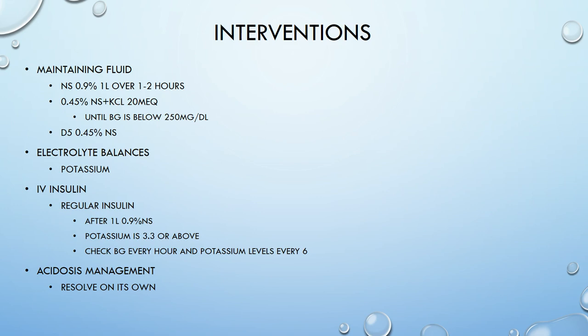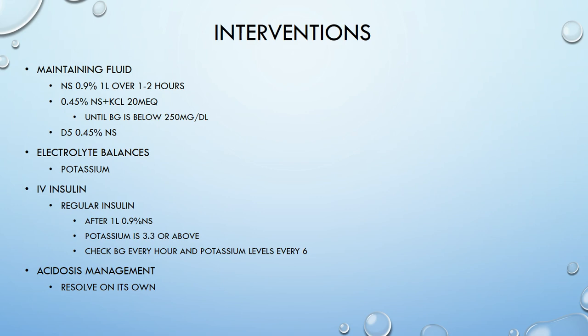Now, as far as acidosis management, this actually will resolve itself. Once you hydrate your patient vascularly and also interstitially, the acidosis will start to resolve itself, because now not only are the ketones becoming less because of the insulin you're giving, but you've also gone from a very concentrated blood supply to a very hydrated blood supply, and this thins everything out.